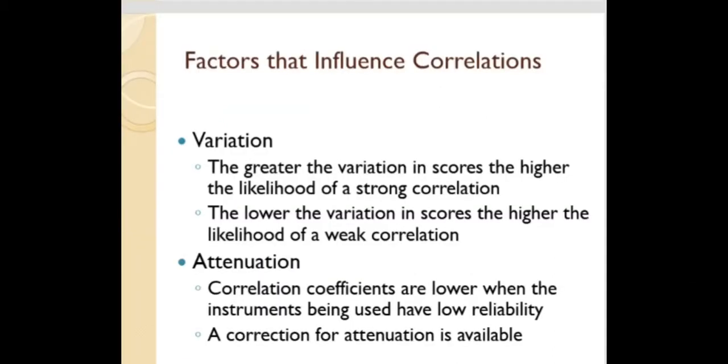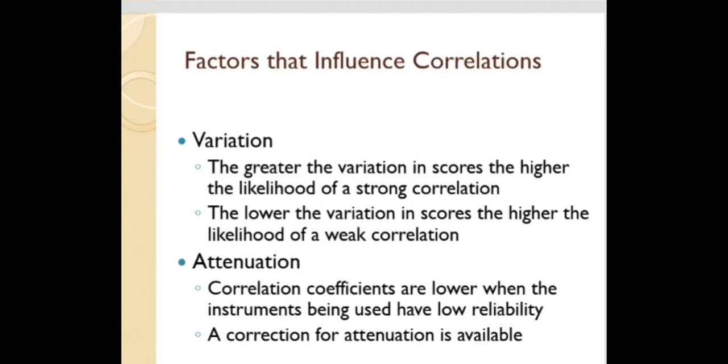Hi, I'm Jeffrey Anthony, and now I would like to explain the factors that influence correlation. Well, you can see this slide, and there is variation. The greater the variation in scores, the higher the likelihood of a strong correlation.